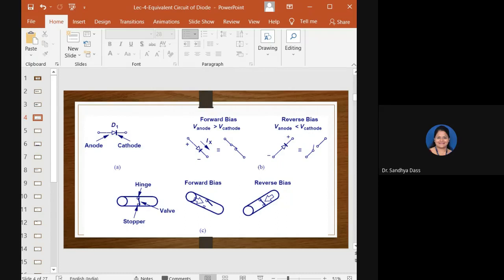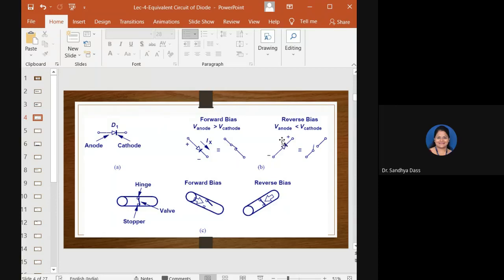Whenever the diode is conducting, the voltage drop across it will be 0. From the figure, you can see that if a forward voltage is applied to the diode, it simply acts as a short circuit. You can imagine it as a short circuit, or a closed switch, as indicated here.